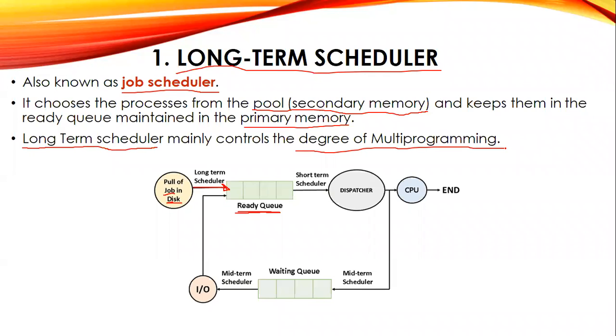Input-output burst means much time is spent on input-output operations. So what does this mean? CPU-burst processes need the CPU more. Input-output-burst processes need the input-output devices more. Of course, both of them use the CPU, but input-output-bound processes use it less.